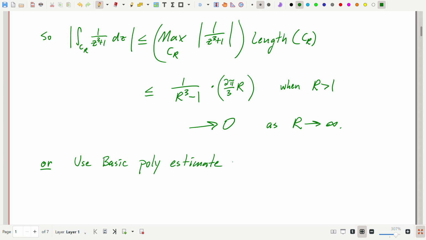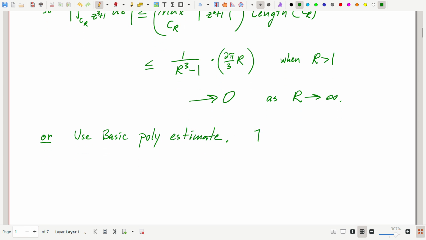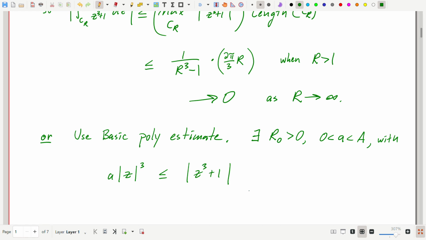Remember, if we have a polynomial, there exists a radius r naught bigger than 0, and constants 0 less than little a less than big A, with, let's say, a times modulus z cubed, that's the degree of the polynomial, less than or equal to z cubed plus 1, that's the polynomial, and that's less than or equal to capital A times z cubed, when mod z is bigger than that given radius r naught.